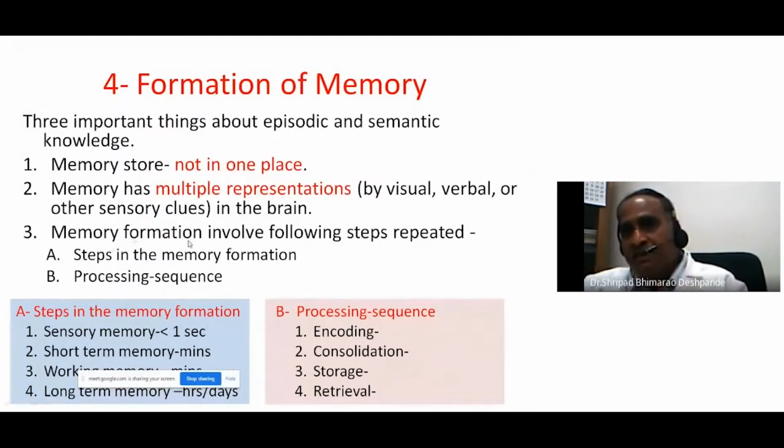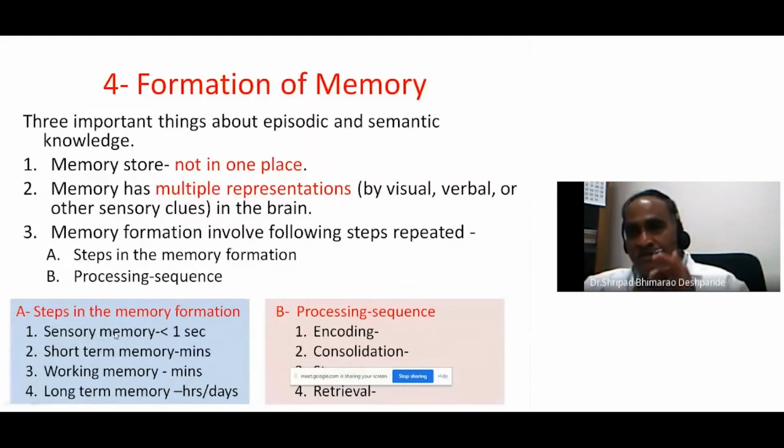Then, the memory formation involves the following steps. One, the steps in the memory formation. The second, the processing sequence. The steps are sensory memory, less than a second; short-term memory, minutes to hours; working memory, less than a minute, even less; and long-term memory, which remains for hours and days and sometimes the entire life.